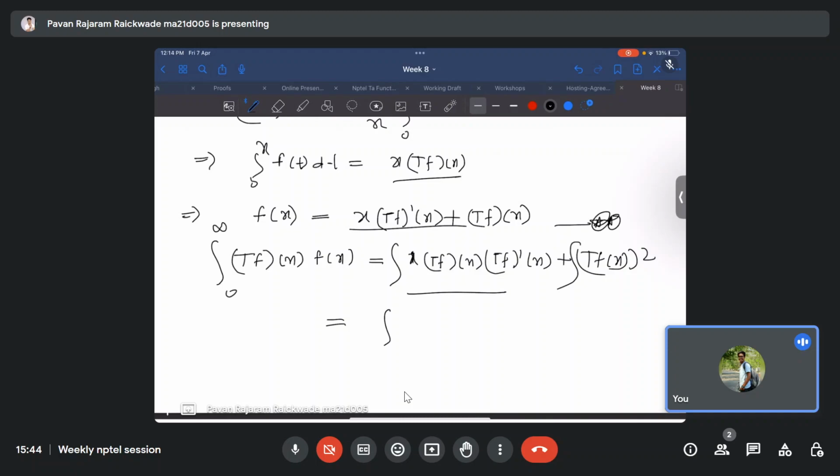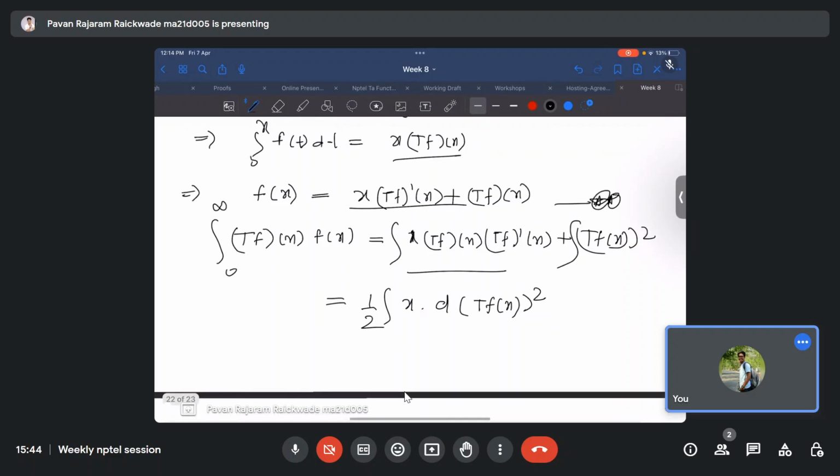We can write x times Tf(x) Tf'(x) as half x times the derivative of Tf(x) squared, that's correct. You can write it like this.